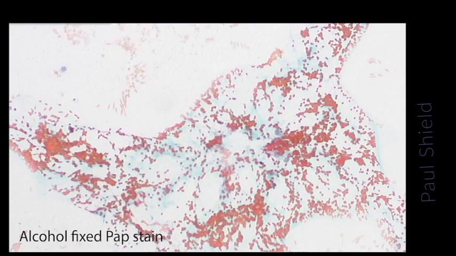So in this case, with the PAP stain, the red blood cells are red, and that serum material is sort of a bluey green. So once again, we're interested in nucleated cells. We'll have a bit of a look around to find some of them, and again it's arranged very much like the Giemsa.